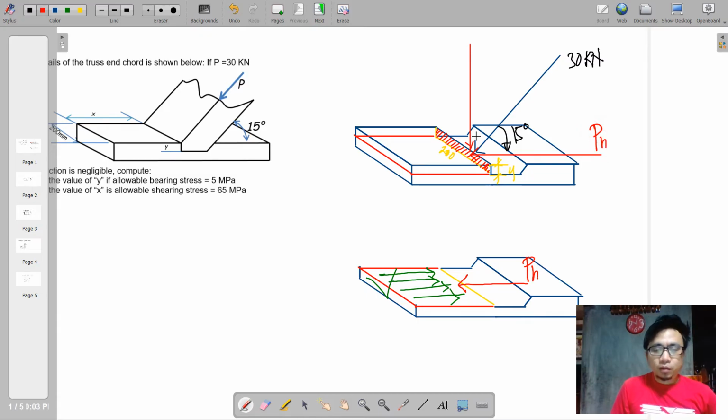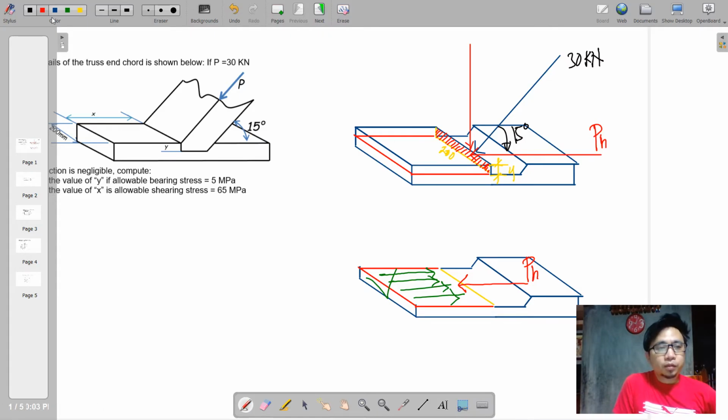Regarding the vertical component, we are not concerned with the vertical because the effect of the vertical will be tearing this particular section, but we are not concerned with this dimension. So we will just focus on the horizontal P here.